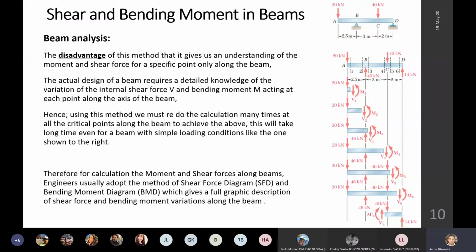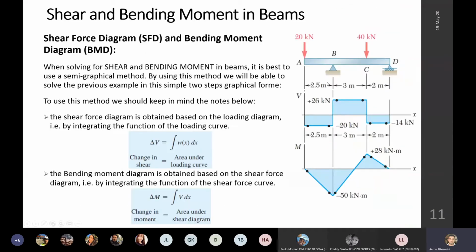We looked at trusses in the first 2 lectures. Now we are starting with beams. After we finish with beams, we're going to start with columns. So in beams, the efficient way for calculating the maximum moment and the maximum shear in a beam, which is very important for design, is to draw the bending moment diagram and shear force diagram.